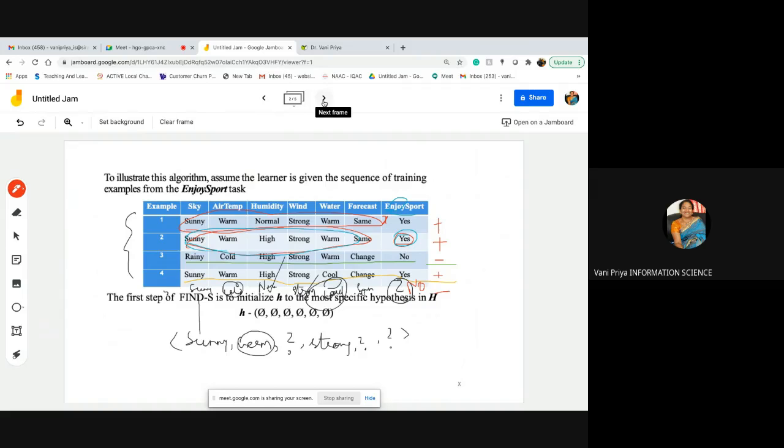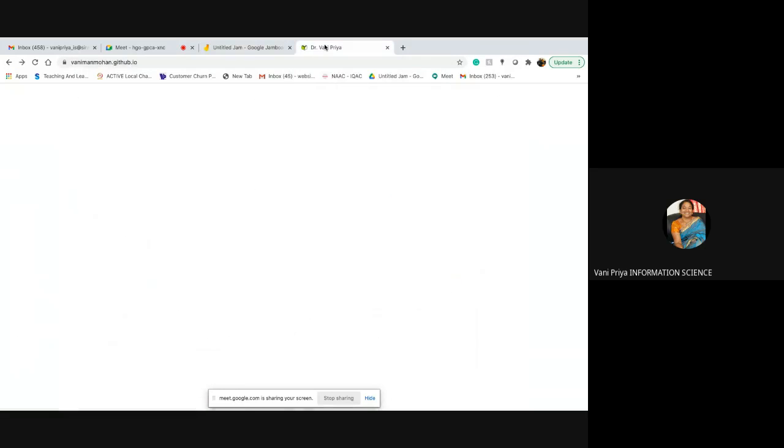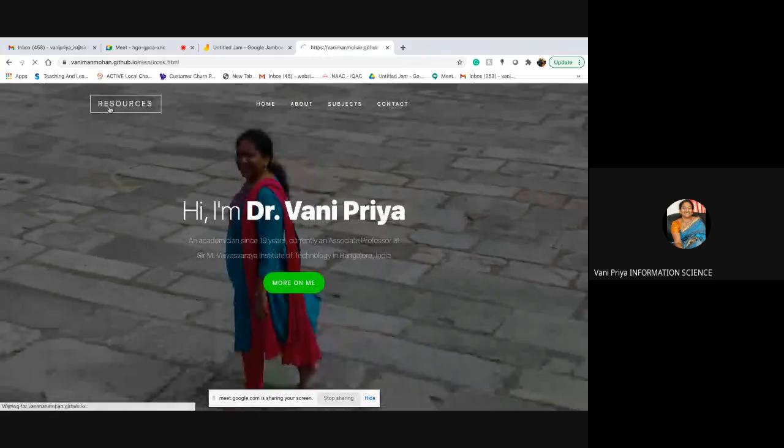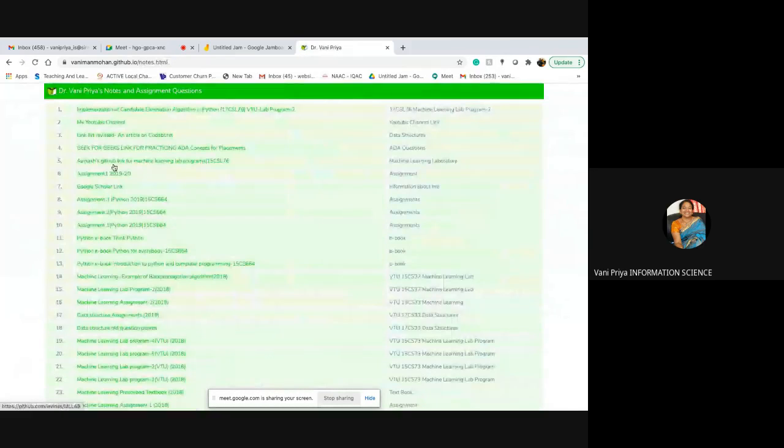Now we are going to implement this in Python. Before that, let me tell you, I have a blog on GitHub, where I had given the GitHub link of Avinash, a 2016 batch student. He has put all the lab programs in his GitHub account.